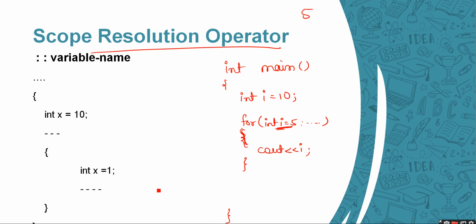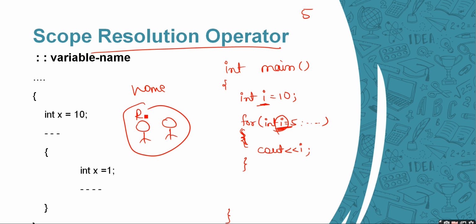But what will I do if I want to print not this i value, but this i value? Instead of this one, I want to print the value of this i. How will you define that? Let's say in your home there are two persons and both have the name Ram.